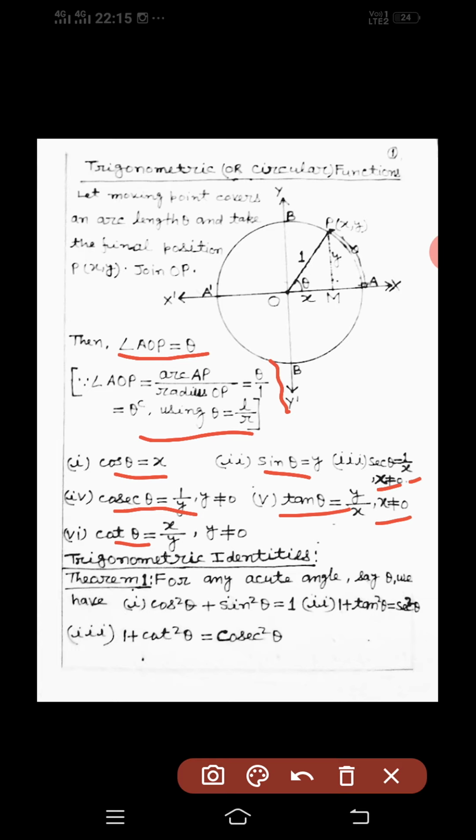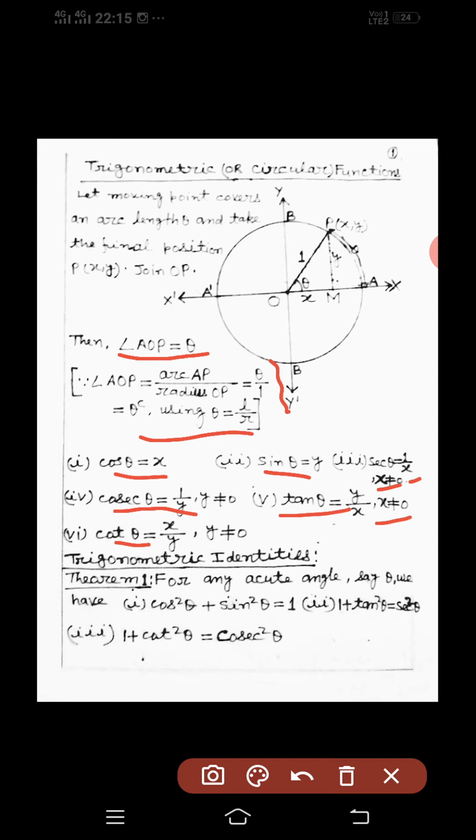Now we will discuss trigonometric identities. Dear students, a trigonometric equation is called a trigonometric identity if it is true for all angles for which the trigonometric functions involved are defined.